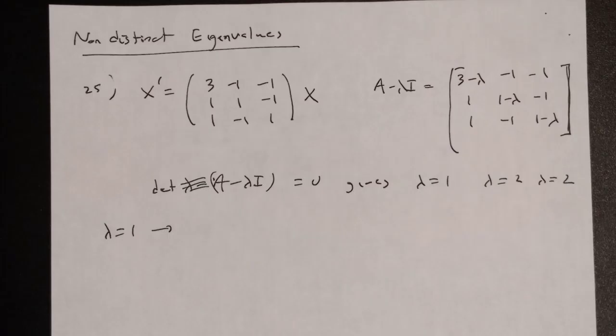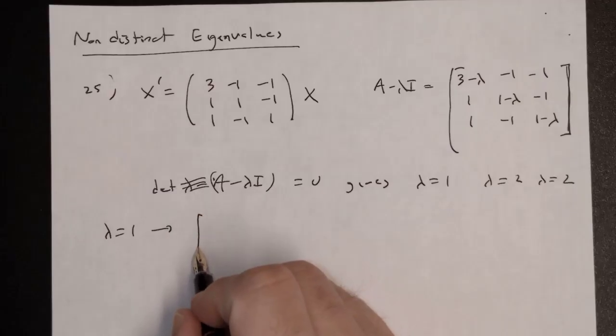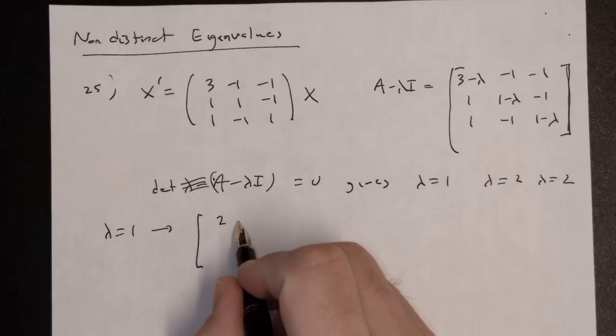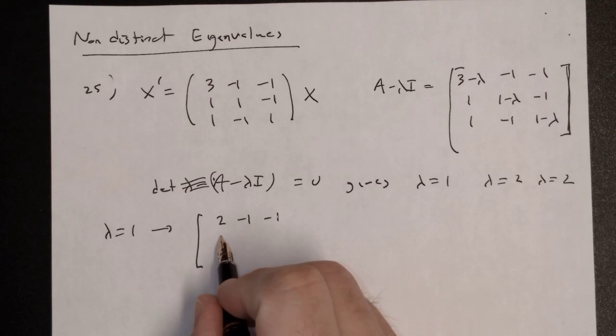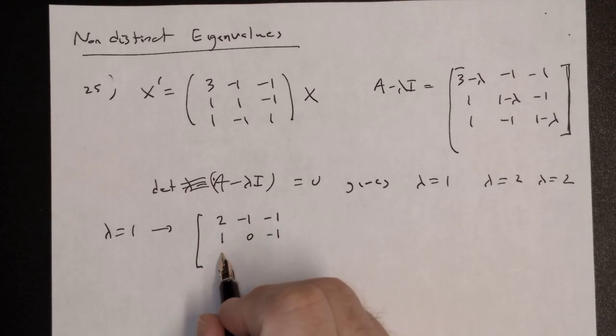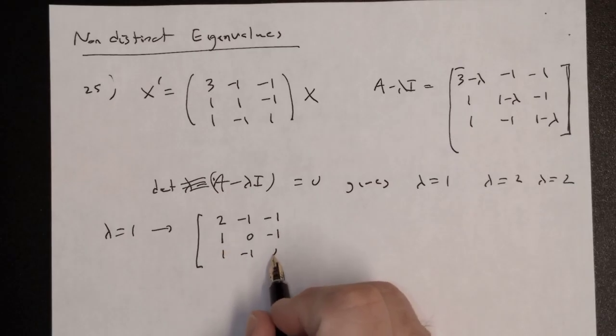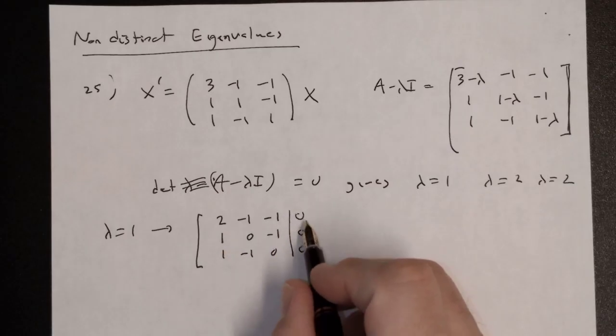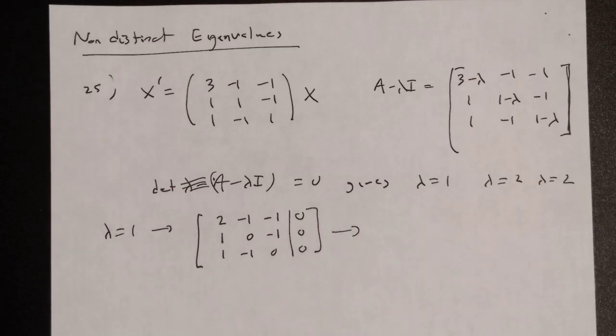If I put in lambda equals 1, what is the reduced row echelon form I get from this?